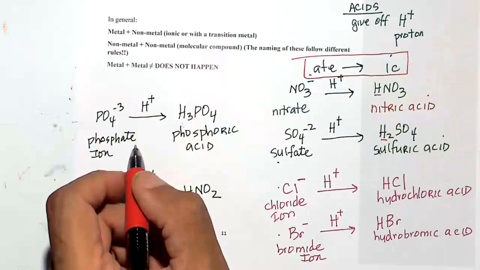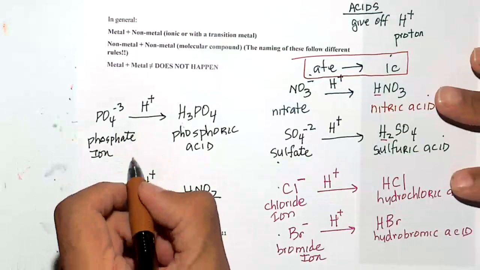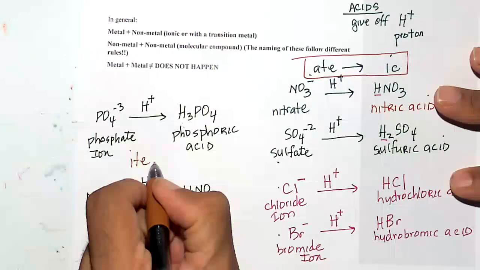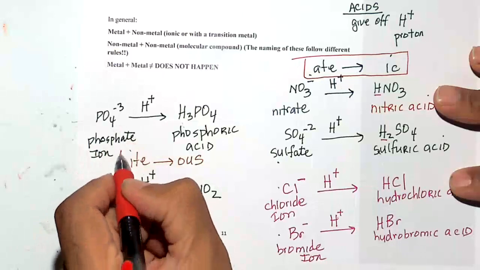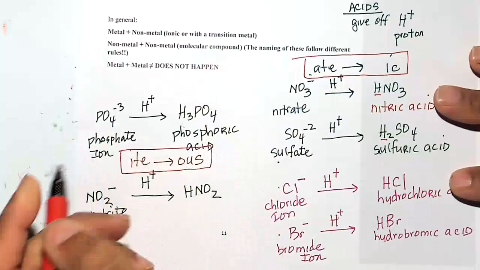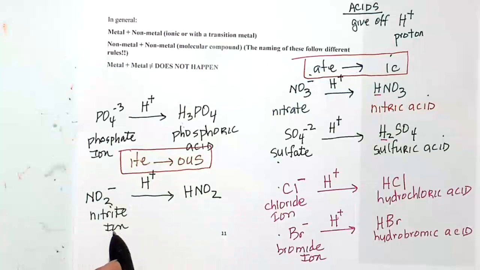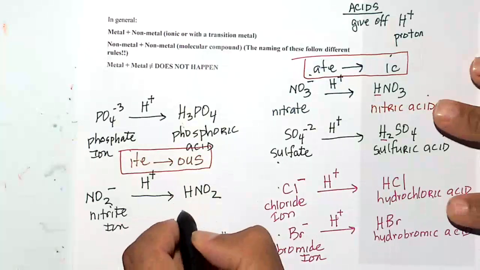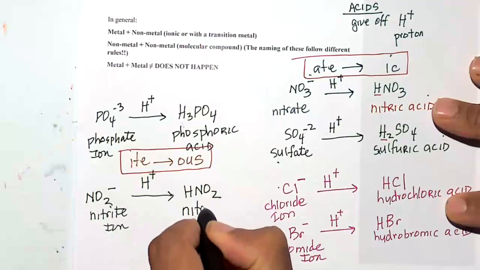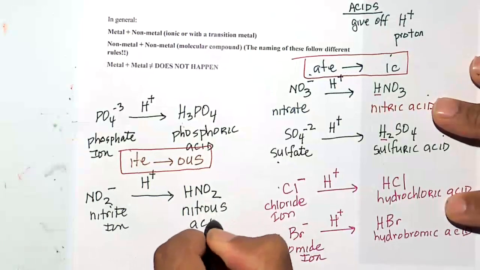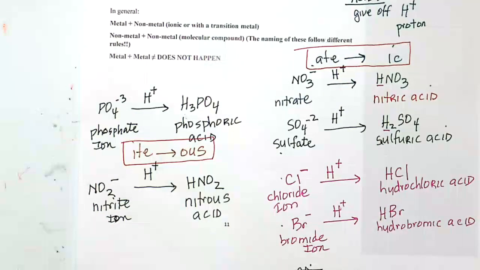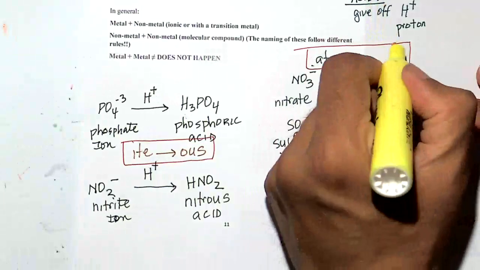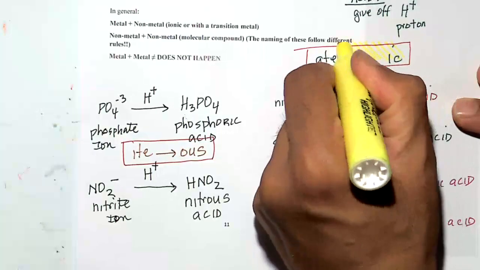Ite becomes ous. So what would nitrite become as the acid when we acidify it? Nitrous acid. So ate becomes ic, ite becomes ous.